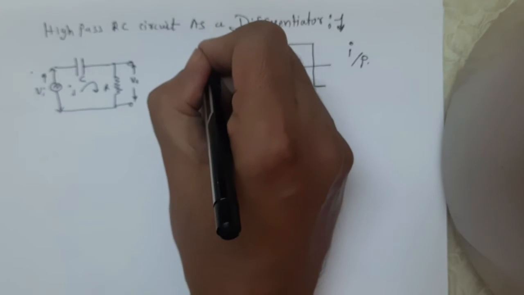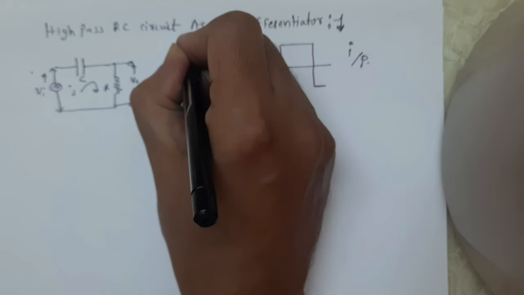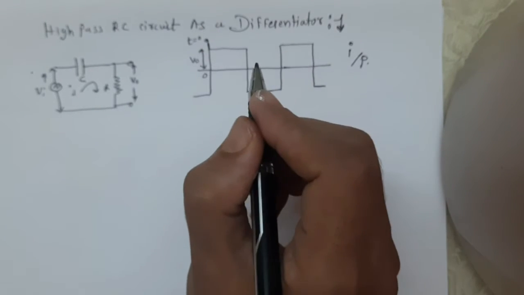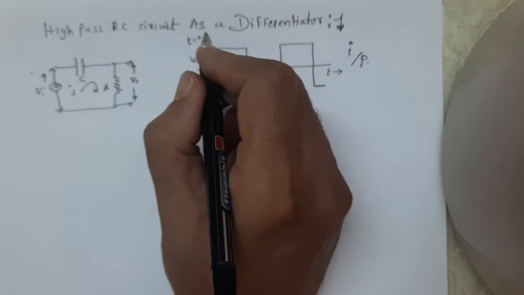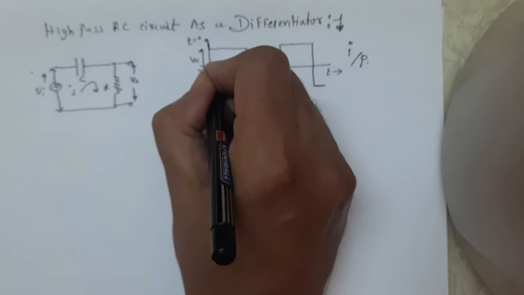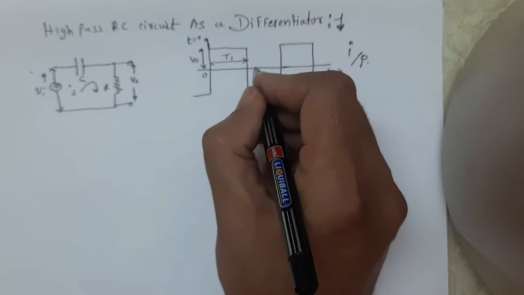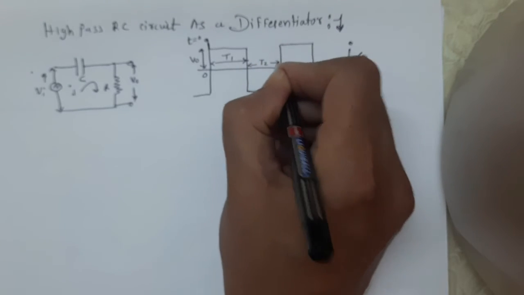This is the time t equal to 0 seconds, on the x-axis, time. Capital T1 is the width, and this is capital T2, the width of the second.